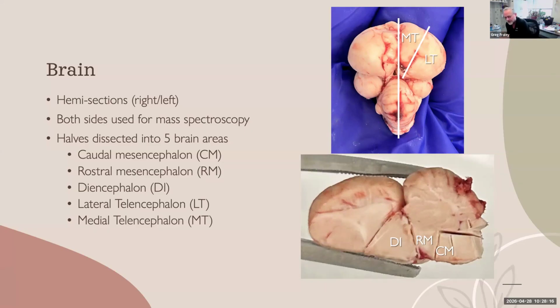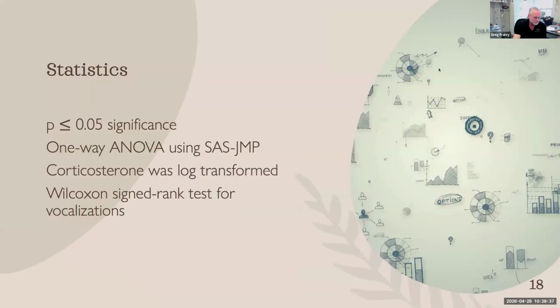The amygdala in birds is quite different than it is in mammals. This is the area formerly known as nucleus taeniae in birds, now referred to as amygdala, but it is just one component of the amygdala. It's not the entire amygdaloid complex as Anna referred to in the last talk.